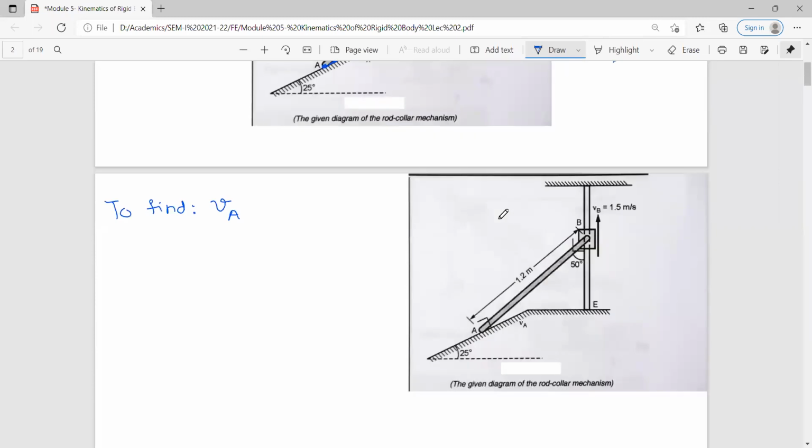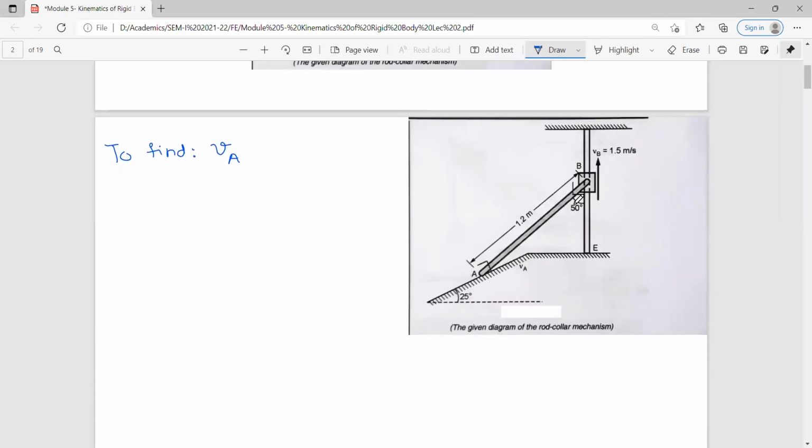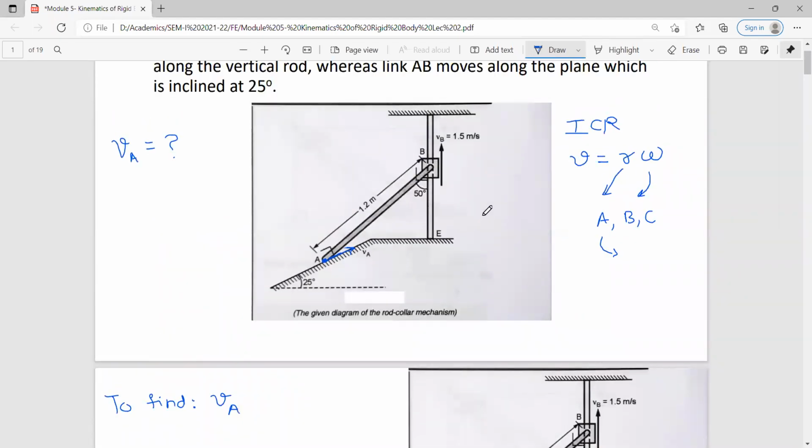Yeah, all are of the same size, so we will solve it on this diagram only. Sir, can you show the first diagram? Yes. Okay.